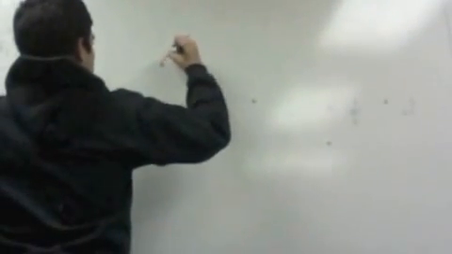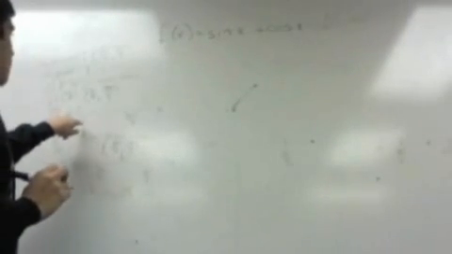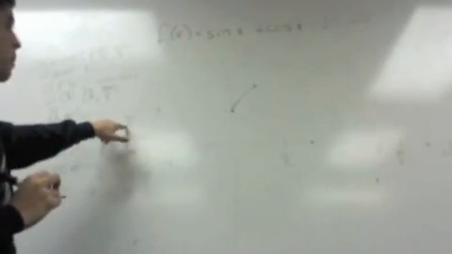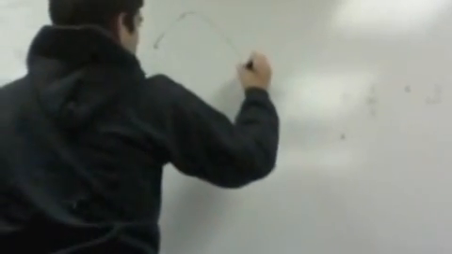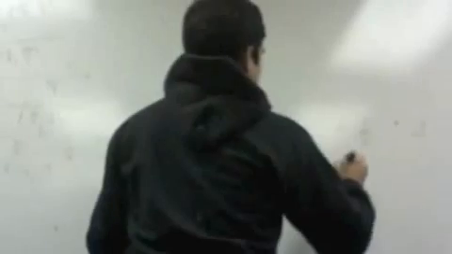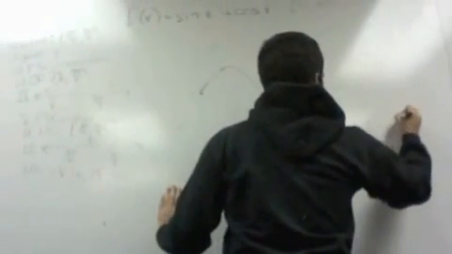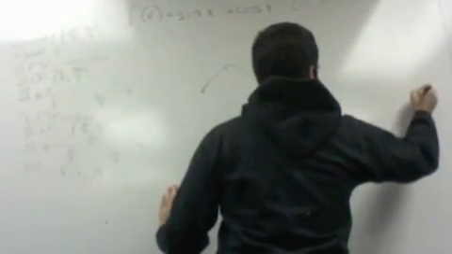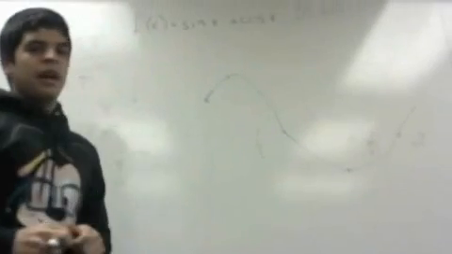So, it goes up, and from pi fourth to 5 pi fourth, it's decreasing. So, it goes through here, goes through the x-intercept, and goes to the bottom. And from 5 pi fourth to 2 pi, it's increasing. So it goes up, passes the x-intercept, and it ends right here. And that is how you graph.